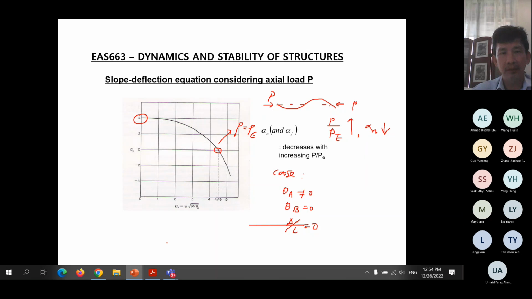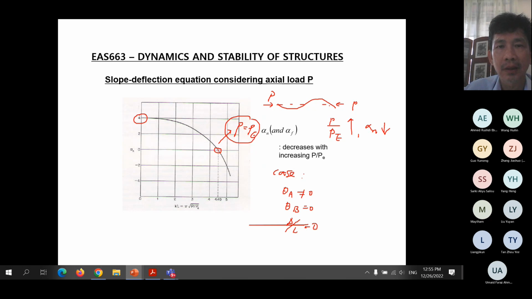So this is the meaning of this graph. The important thing that we can get from this graph is that the ratio of P over PE will cause a reduction in bending stiffness. In the beginning, when this is small, it will not affect so much. When the P over PE ratio is getting larger, it will affect the bending stiffness more and more, reducing it until it becomes 0 when P is equal to P critical.